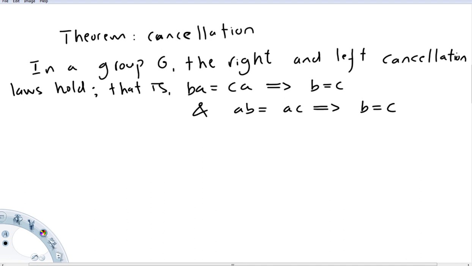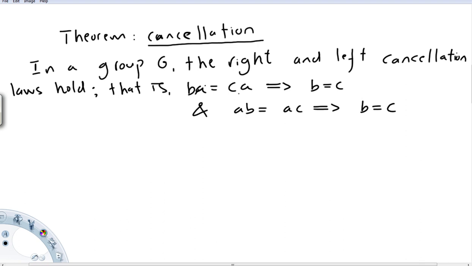Another elementary property of groups is the cancellation. In a group G, the right and left cancellation laws hold. That is, for instance, if BA equals CA, we can cancel, right?